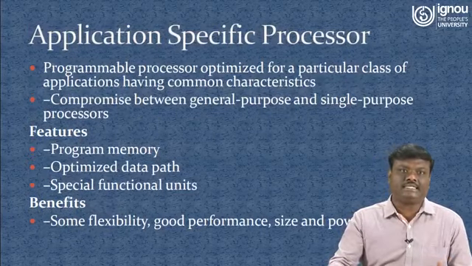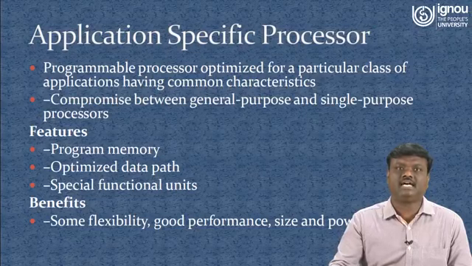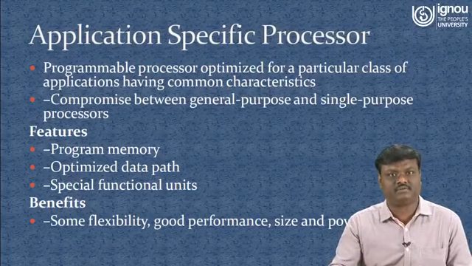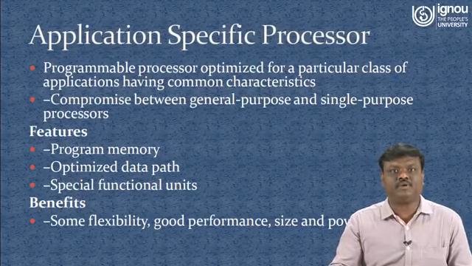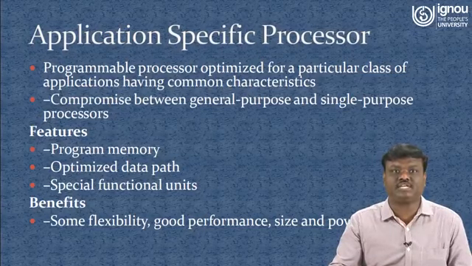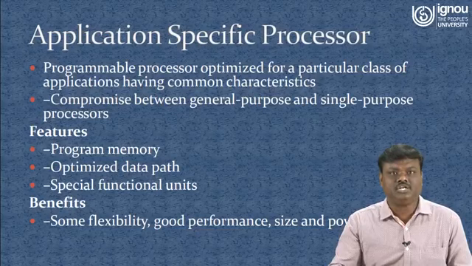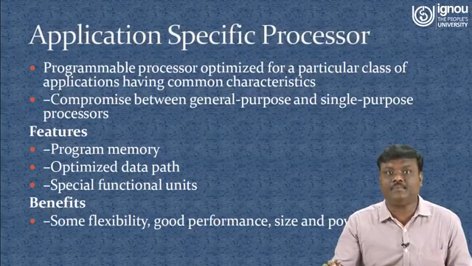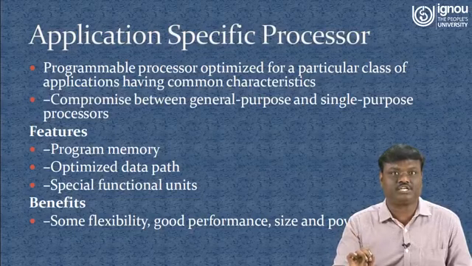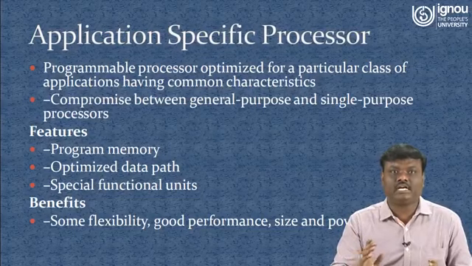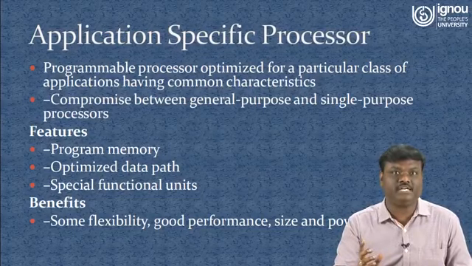And then coming to the third kind of processor, that is the application specific processor. It is a programmable processor optimized for a particular class of applications having common characteristics. This is not considering the complete program, it is considering only a specific application, such as controlling the brakes or the speed in a car.